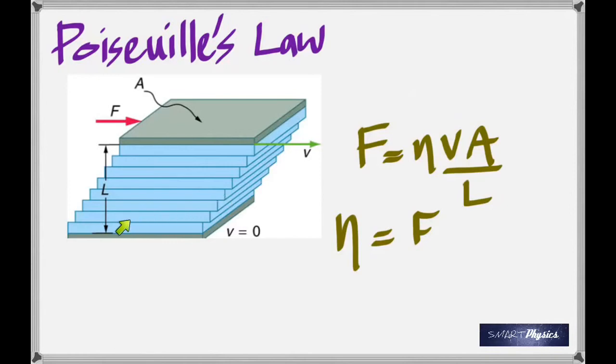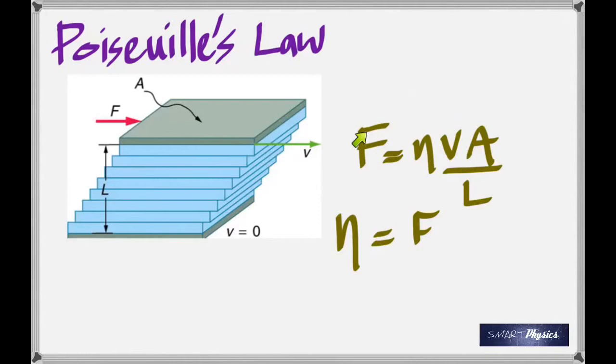Look at the diagram. Isn't that the distance between the two layers? Come on. So if it is adjacent layers, somebody answer this question. If it is adjacent layers, what's happening to the length now? Smaller or bigger? Smaller. Therefore, what will happen to the force? If the denominator gets smaller, the force gets bigger.